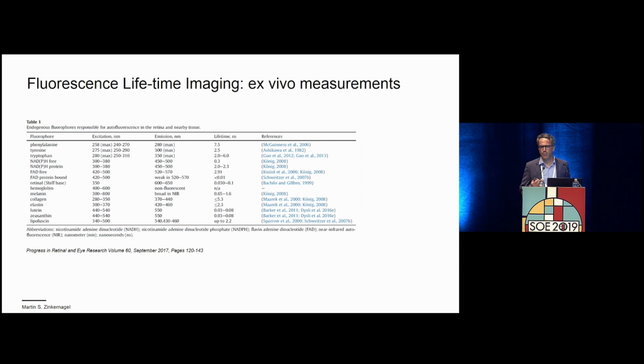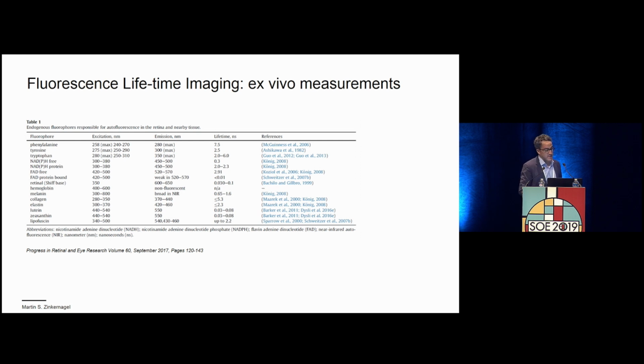Now, you may wonder where these lifetimes come from, which fluorophores, and nowadays we have quite a good idea about where these lifetimes come from. We can just sum up this table here, and what you can see is that zeaxanthin and lutein have very short lifetimes down here.